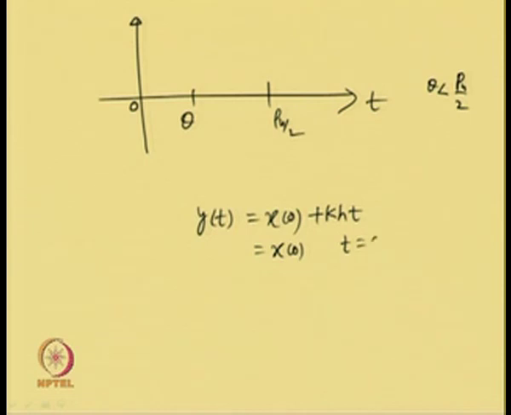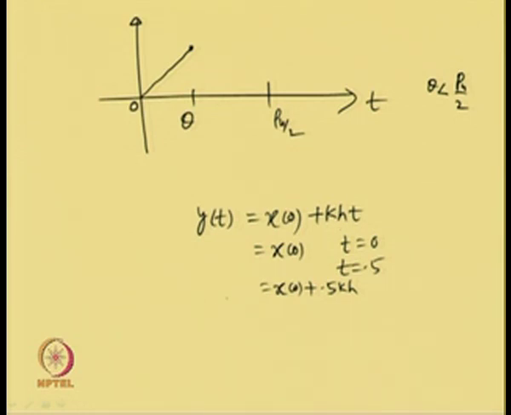For time t equal to 0.5, this will be equal to x(0) + 0.5 k h and so on. So, we will have a linear plot of this form, where the peak value will be given by x(0) + k h theta.